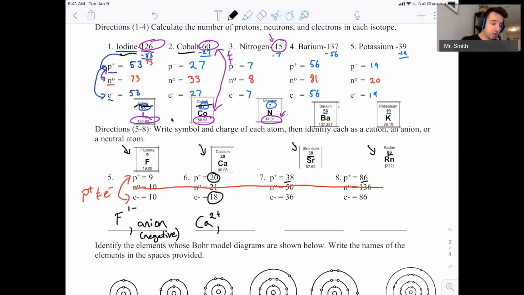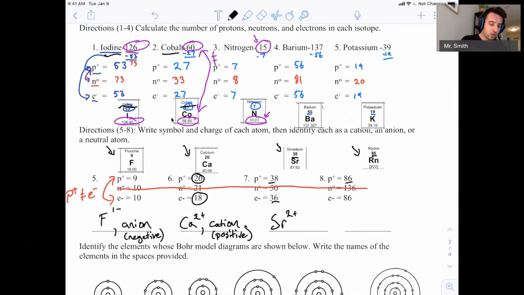Is this an anion or a cation? Well, cations, as we know, are positive, so it is a cation. Moving on here with strontium. Strontium 38 versus 36. So 38 is the positive number, so it's going to be Sr2 plus.